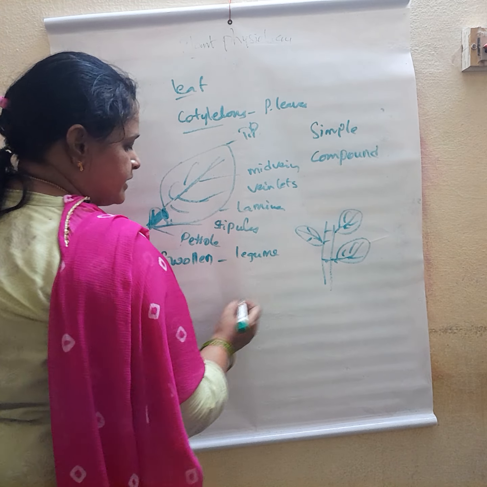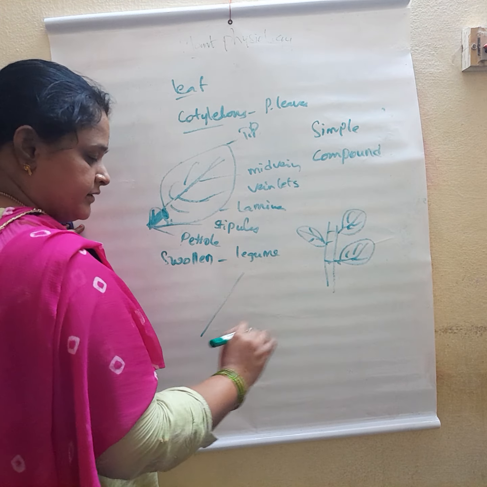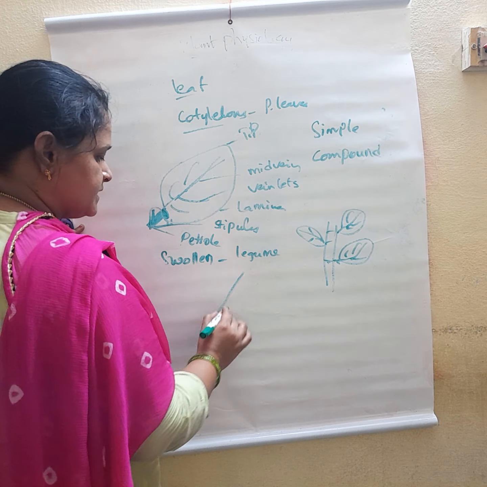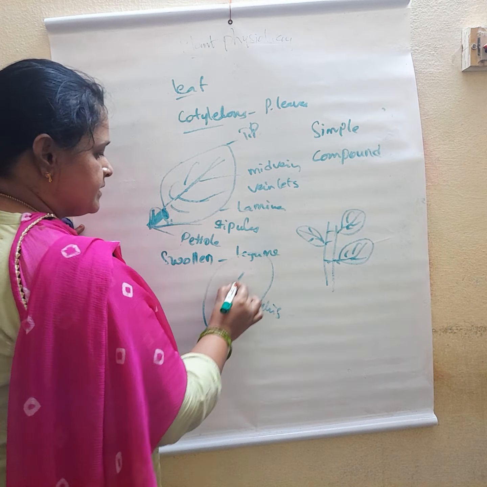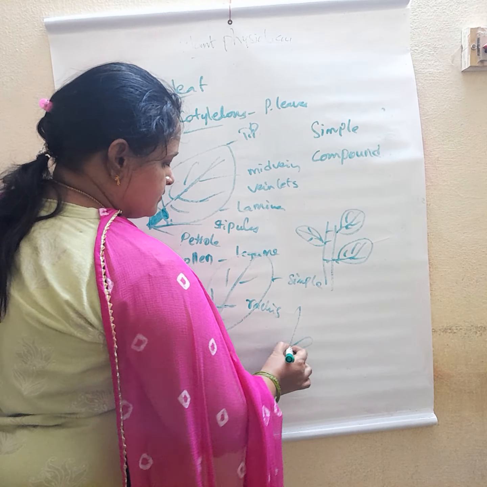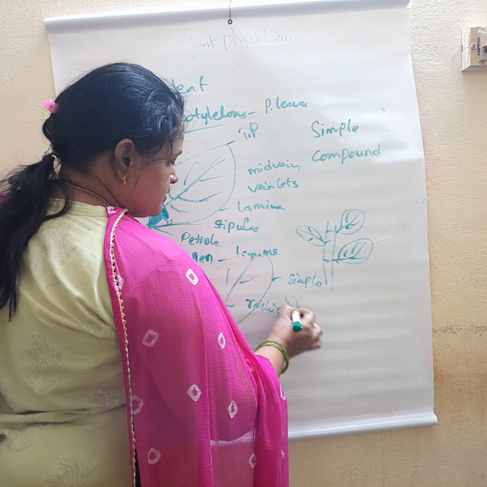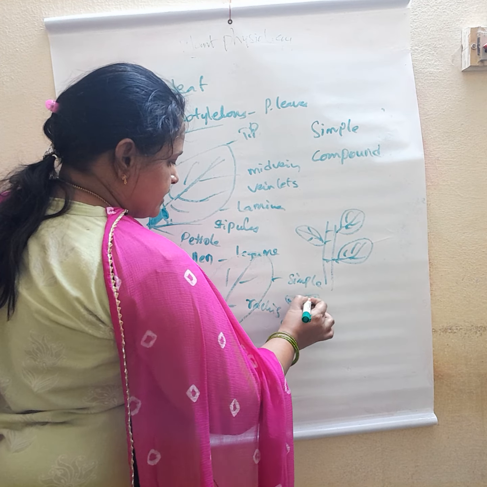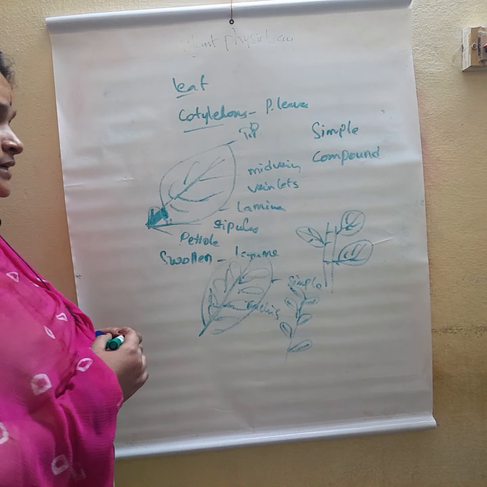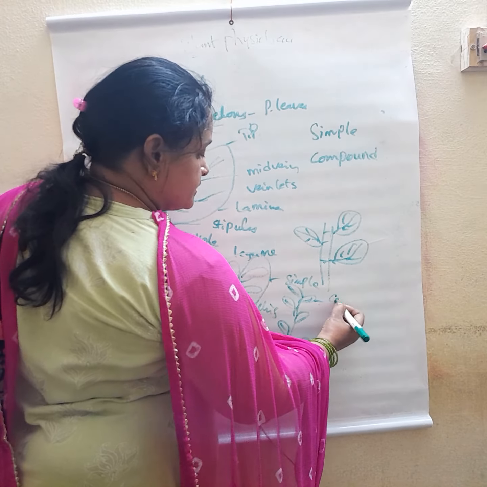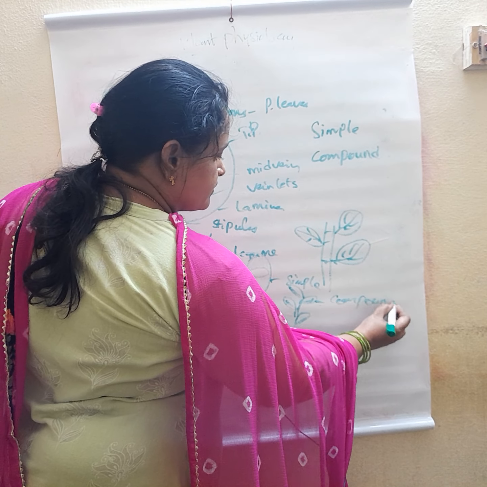That is the petiole. The petiole is not divided, exactly the rachis is not divided, and it develops into a leaf. That is called a simple leaf. If the rachis is divided, the leaf lamina is dissected into small parts. It is called a compound leaf.